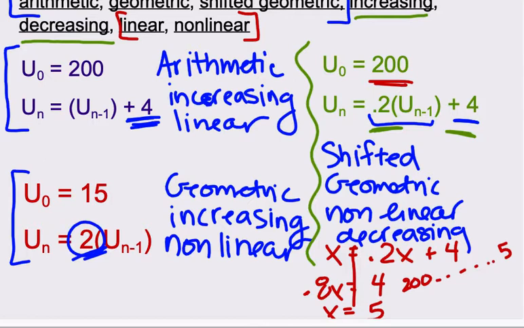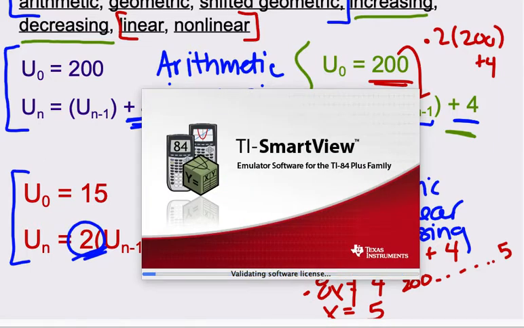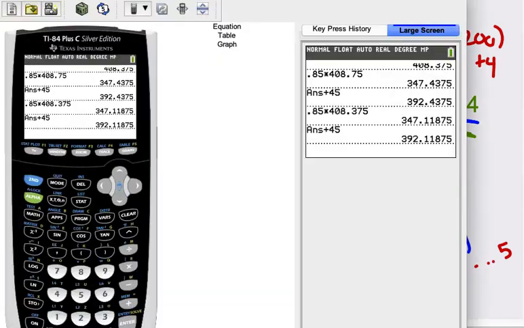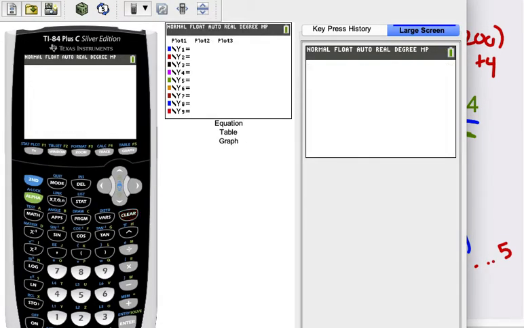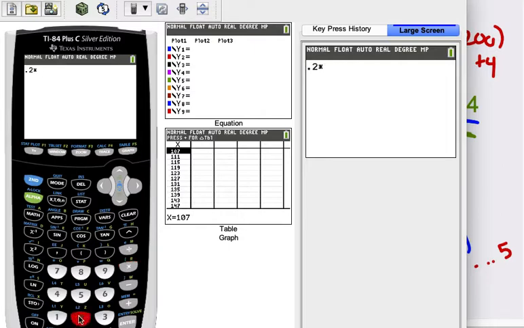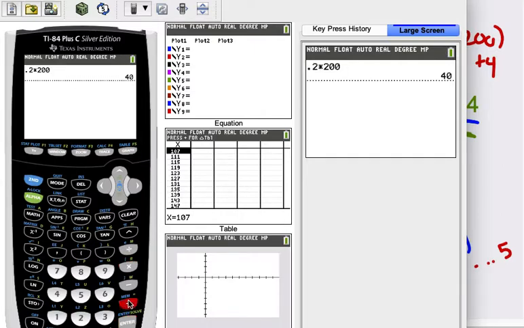The other option you would have that would work totally well is just plug in that first one and find u sub 1. So you do 0.2 times 200 plus 4. Let's see what we got. 0.2 times 200 plus 4, we're just at 44.